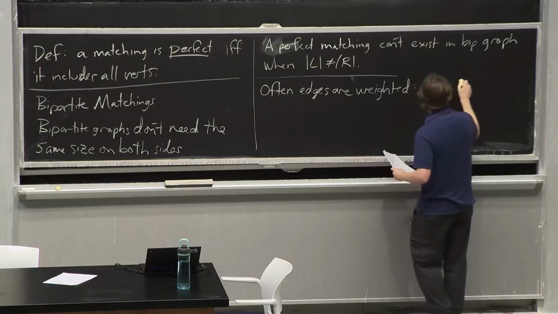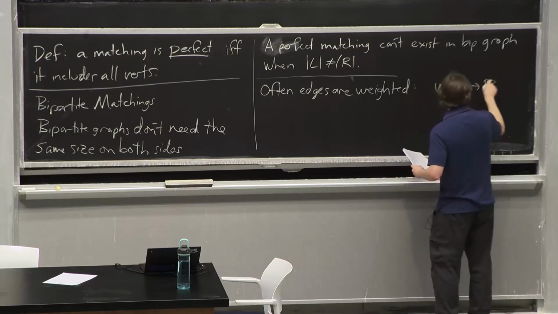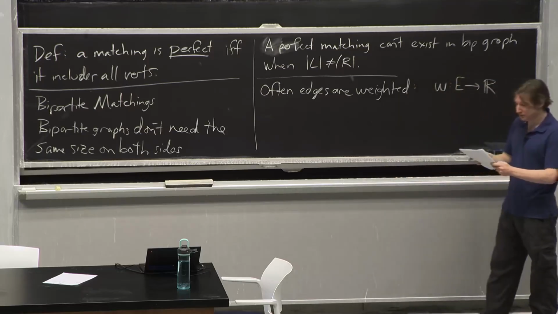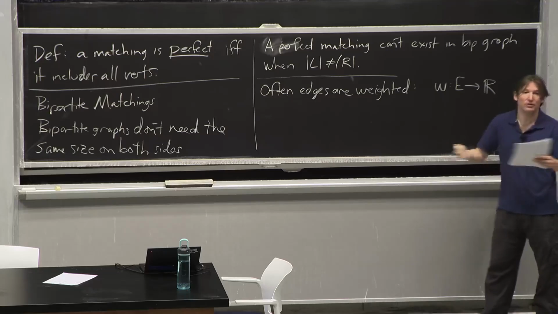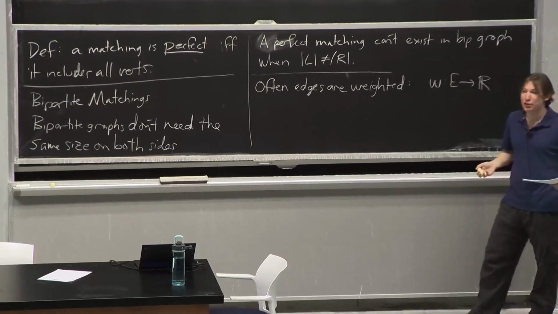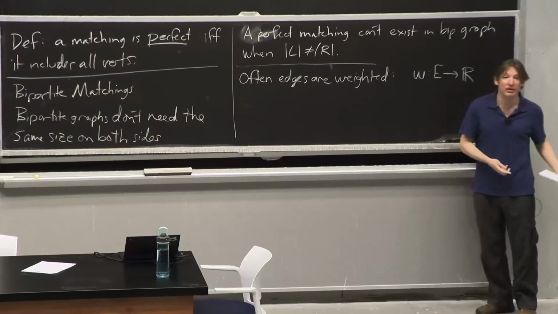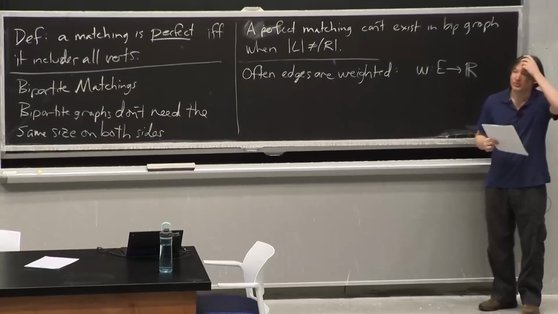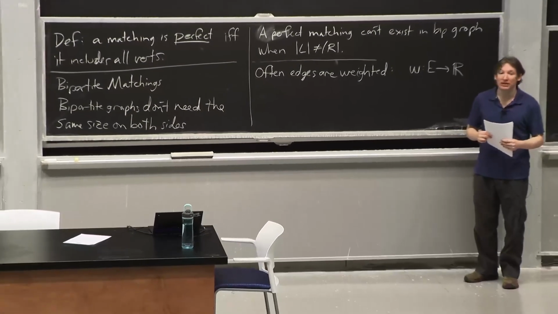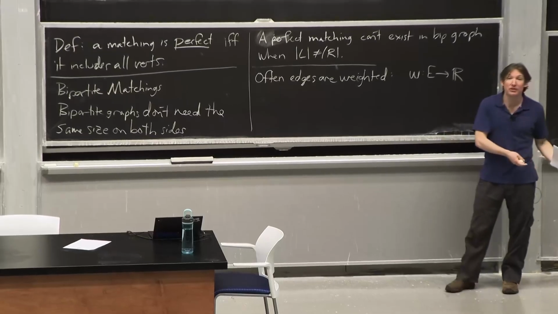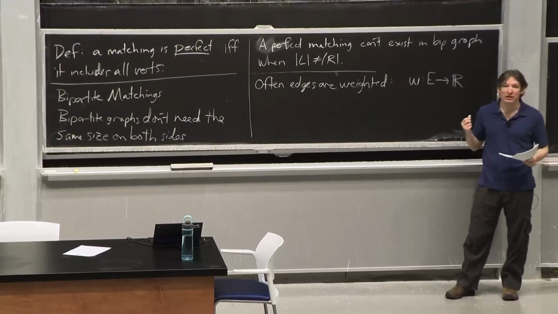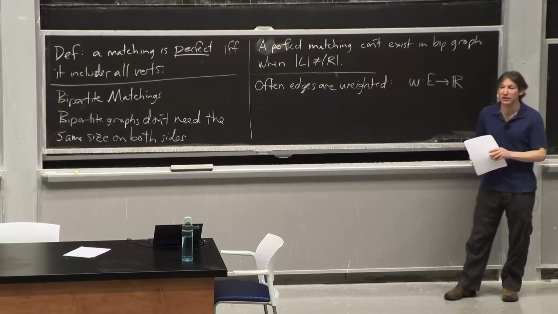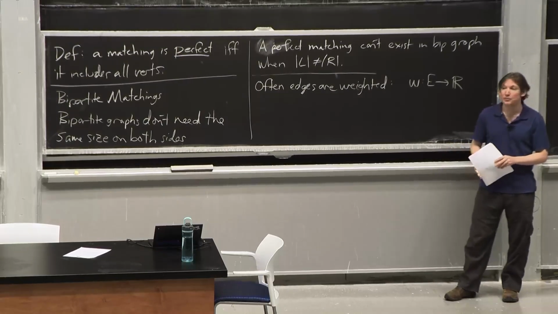We have a function w from the set of edges to real numbers. You can imagine in the tasks versus servers graph, each edge represents how long that task would take on that server. And maybe certain tasks are going to be faster on different servers, maybe because that server is more powerful, or maybe because it's closer to other resources it might need and can access them more quickly.